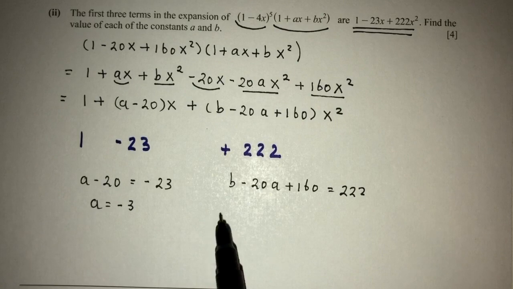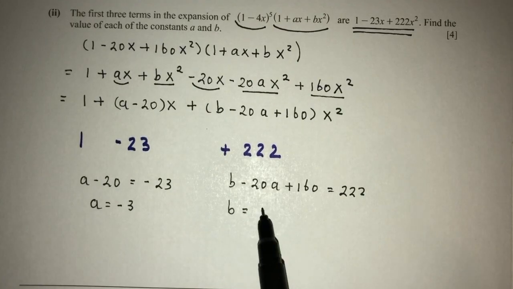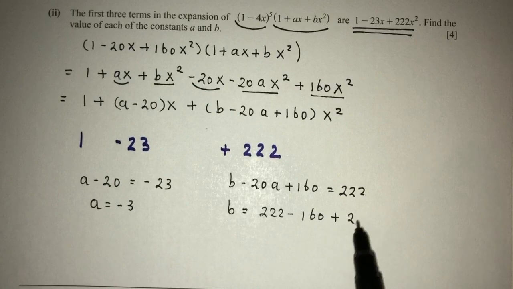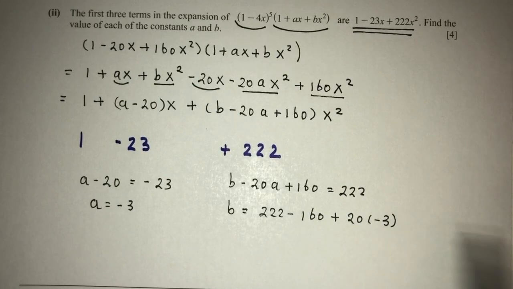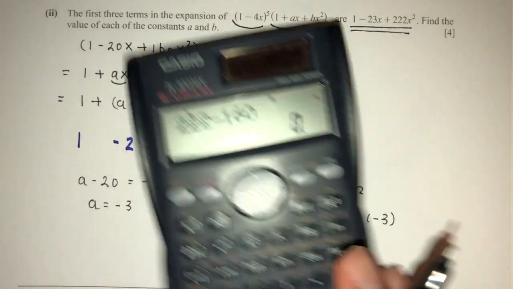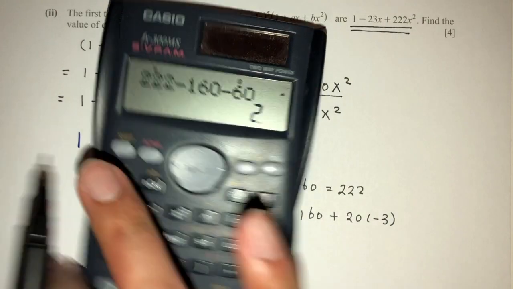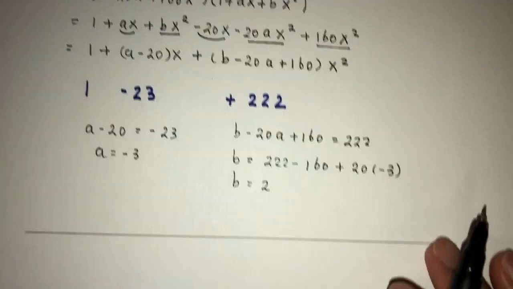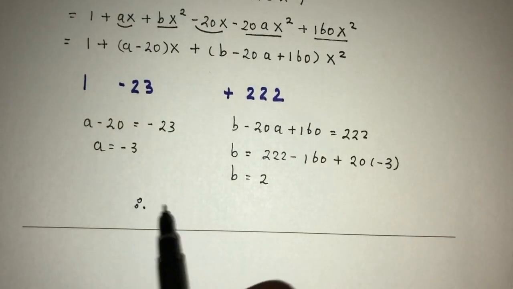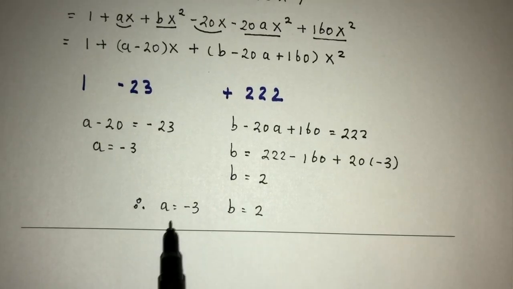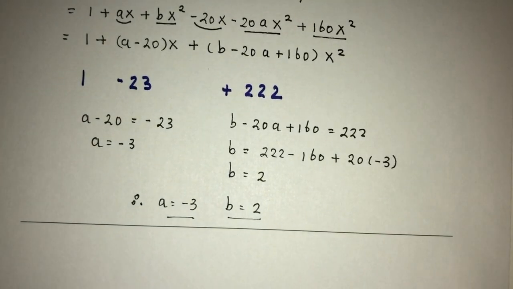So let's simplify. b has to be 222 minus 160 plus 20a, and a is minus 3. So simplify: 222 minus 160 minus 60. That will be 2. So b will be the value of 2. We conclude that a is minus 3 and b is 2. These are the values that we need for question number 5.